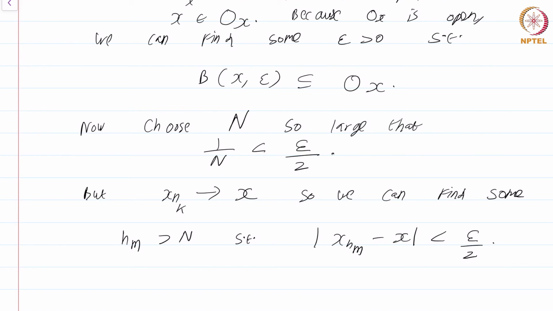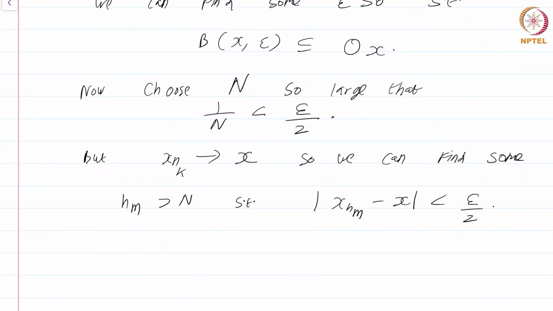Now let me change the notation slightly. I don't want to give the indication that x nm is a different subsequence. All I mean is m naught. Okay. Fine.